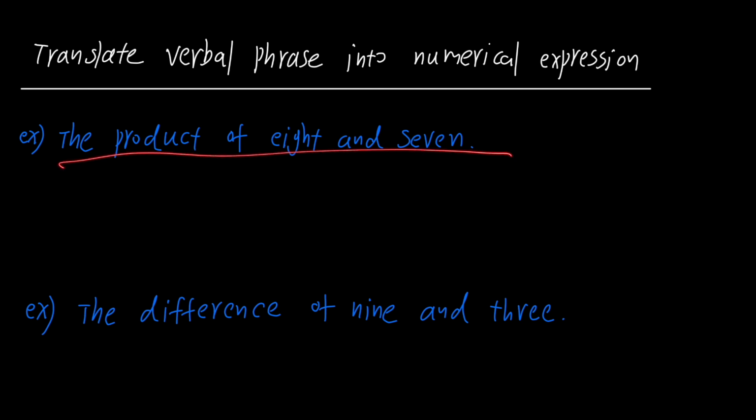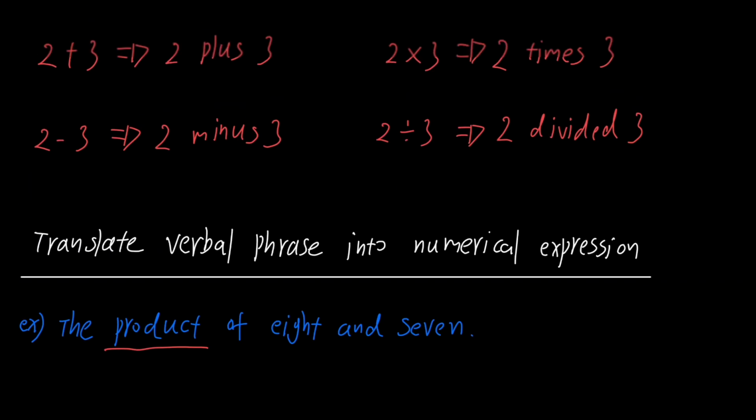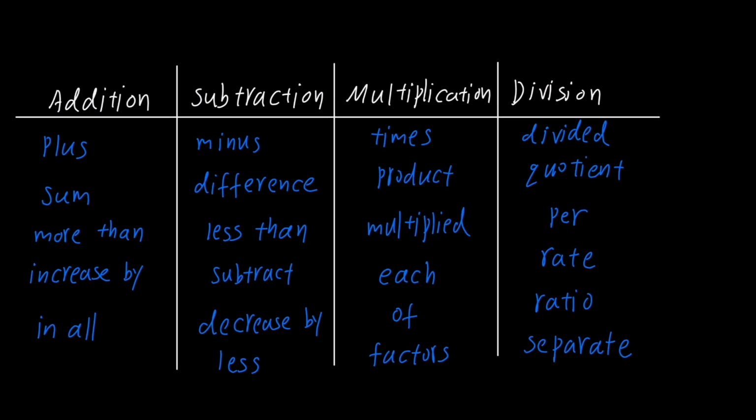In this case, we want to look for some keyword. The keyword is product. It means multiplication. We can go back to see right here. This is multiplication and we have product.